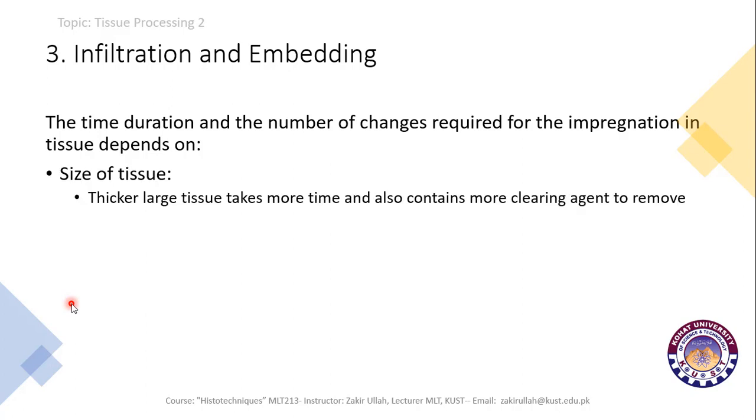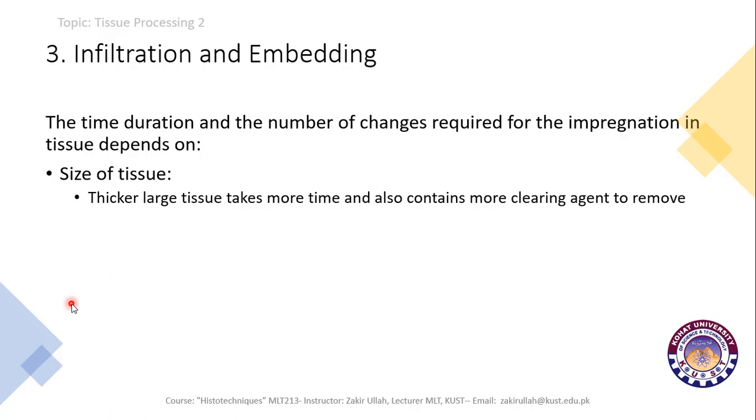The first of them is the size of the tissue. If the tissue is thicker and larger, it will take more time, and it will also contain more clearing agent to remove.